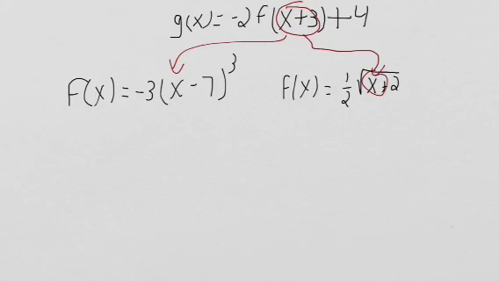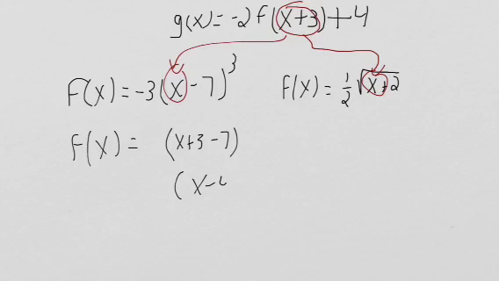So what we end up writing is f of x equals, okay, what's x minus 7? x plus 3 minus 7. So we have x plus 3 replacing x, still subtracting 7. Well, that's going to be x minus 4.